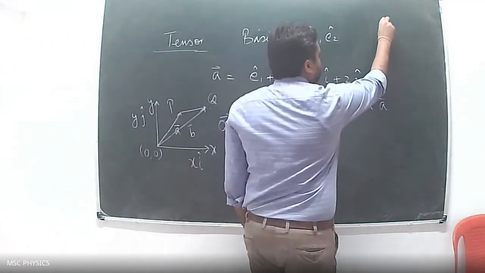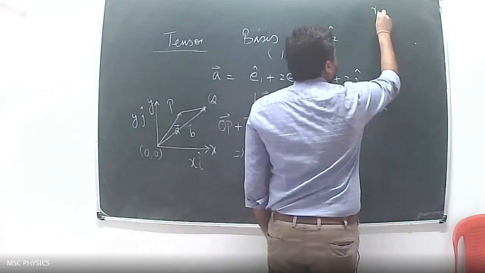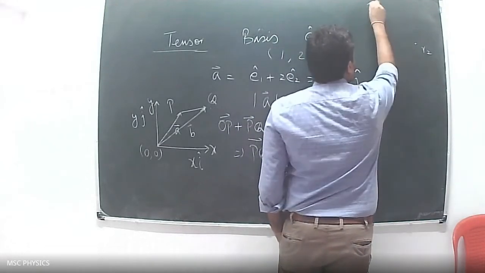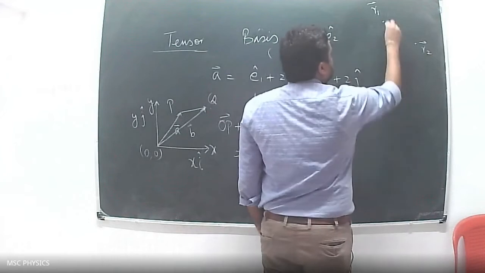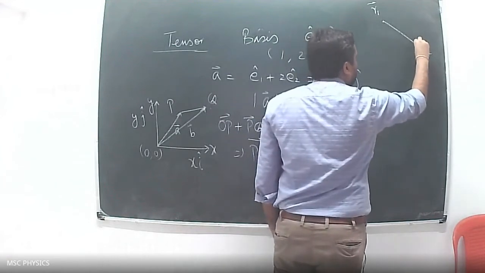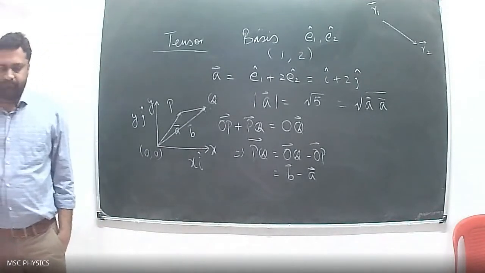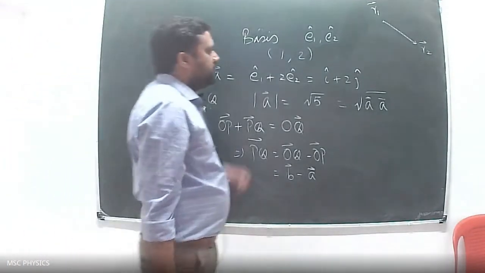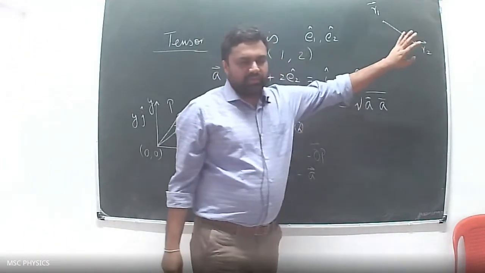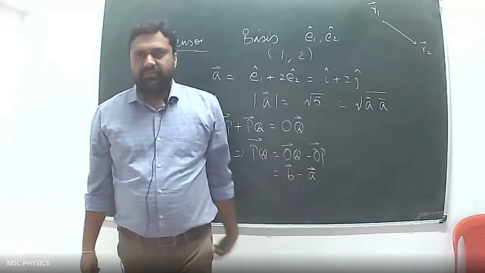If I have two charges, one has position vector R1, the other has position vector R2, so there will be a force acting along the line joining the two charges, and the force will be equal and opposite for one charge and the other.